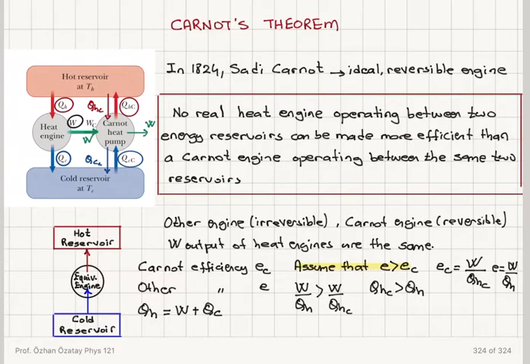For the Carnot engine, the energy absorbed, QHC, turns into the work plus the heat released, QCC. If I subtract the first equation from the second, this implies that QHC minus QH is equal to QCC minus QC.